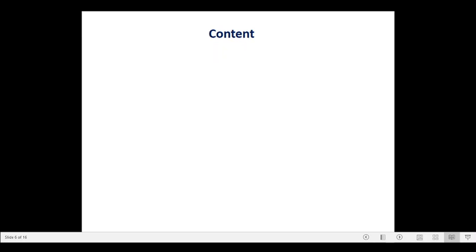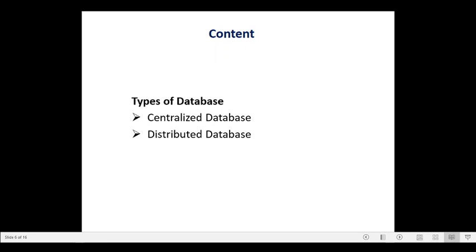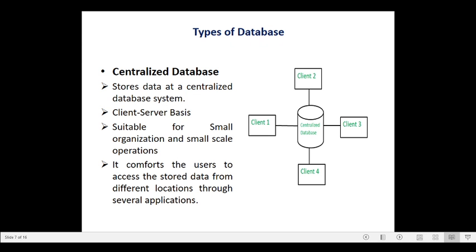This session contains the types of database, which has broadly two categories: centralized database and distributed database. Along with that, we are going to understand what is the purpose of having this database. Before we move on to different types of database, let us understand the meaning of database.